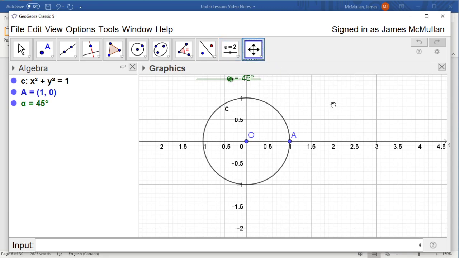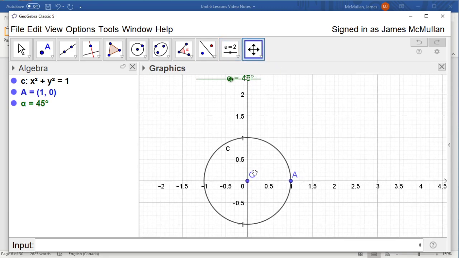I'm going to shrink it down a little bit so that it makes sense, and let's say rotate alpha degrees. Now I'm going to make a point called sine graph, and I'm going to use the angle divided by 10, I think, to keep it shorter, and then the y value of the point that I rotated.